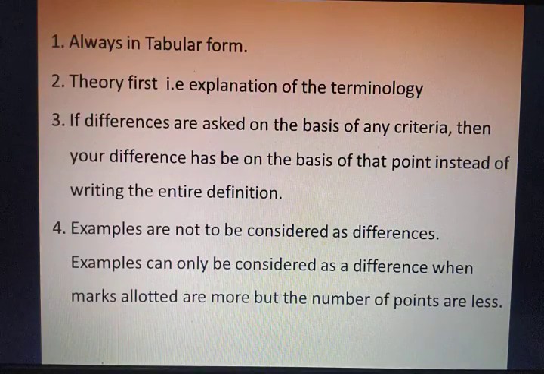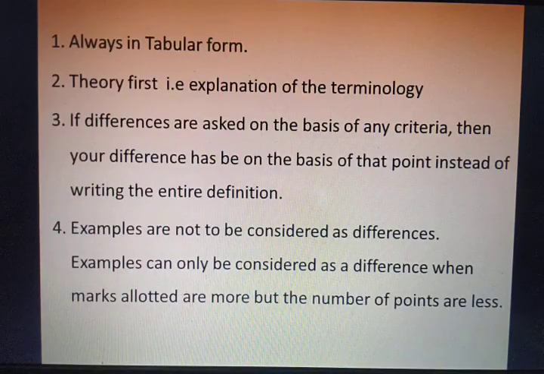So what's the difference then? You have to go for the features of the individual topics, individual categories. Those are the differences. Now, examples can also be considered as differences.